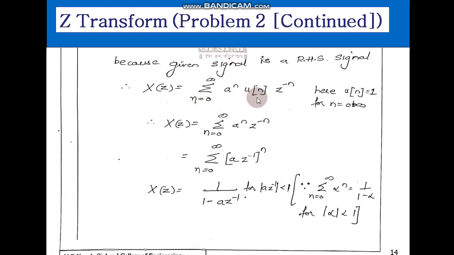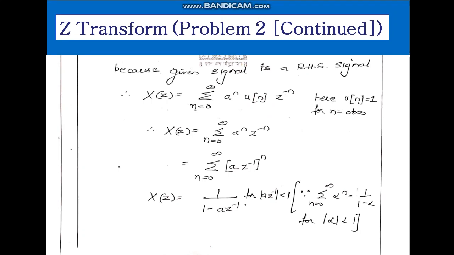We know that when u of n appears in our question with multiplication, then automatically n ranges from 0 to infinity, because u of n exists only from 0 to infinity, otherwise it is 0. So the whole expression becomes the sum from n equal to 0 to infinity of a raised to n u of n z to the power of minus n.